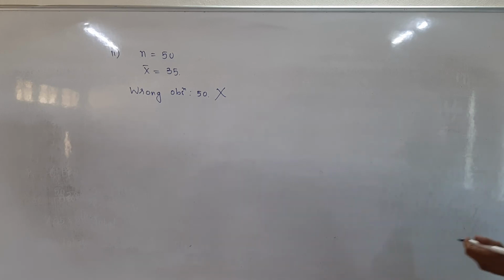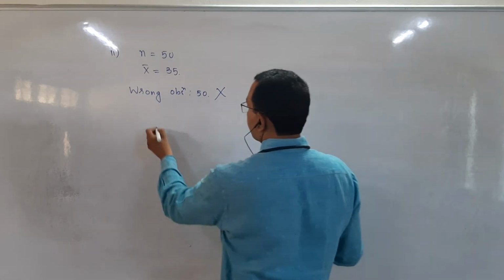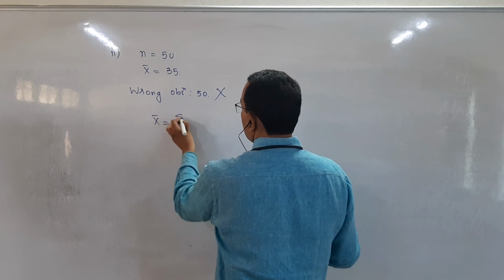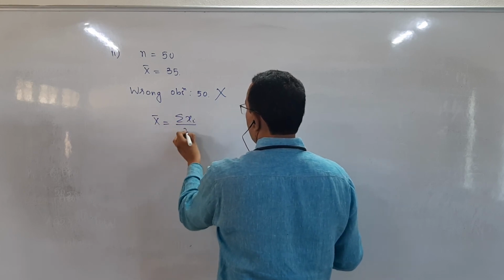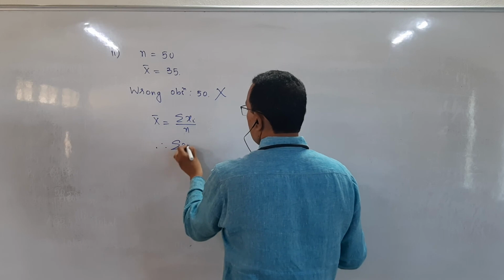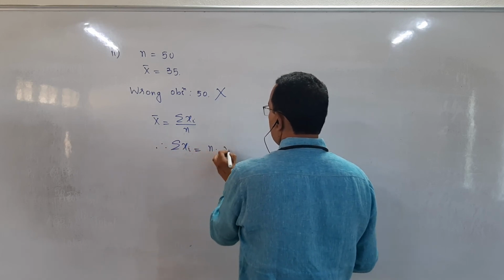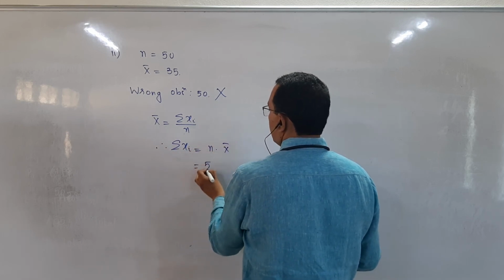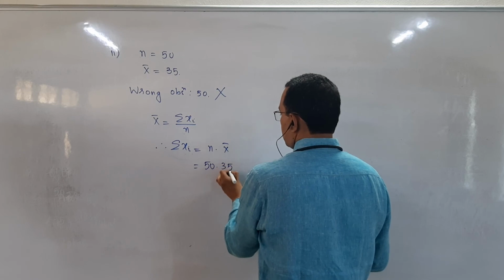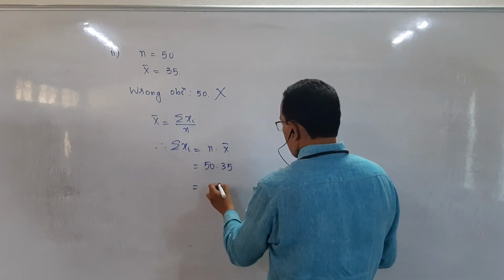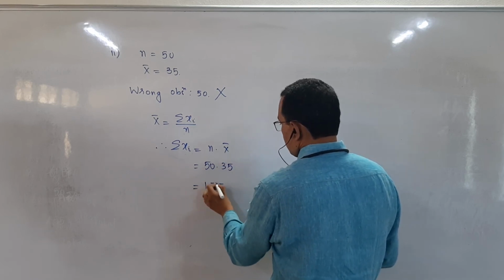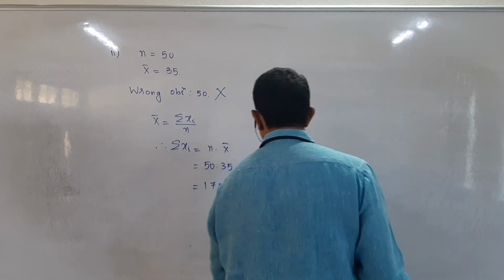Now students, mean x bar is equal to sigma xi upon n. Therefore, sigma xi will be n x bar, 50 into 35. So 5 fives are 25, so this is 1750.